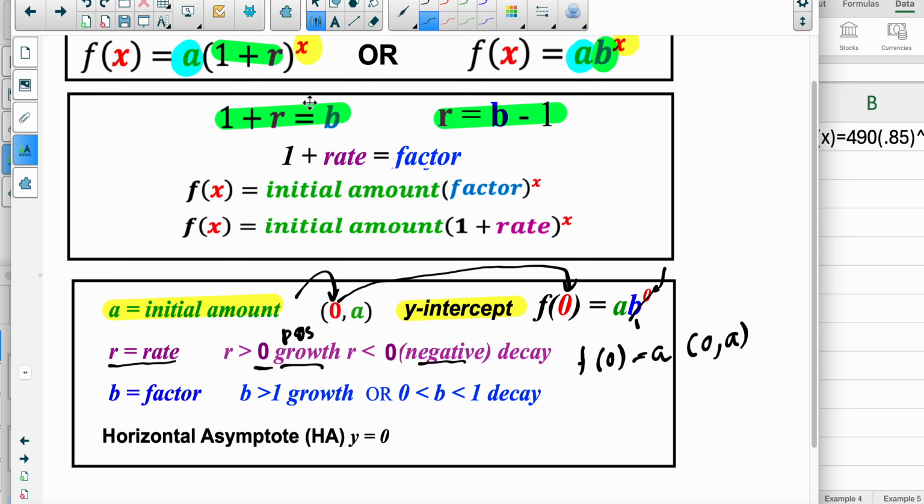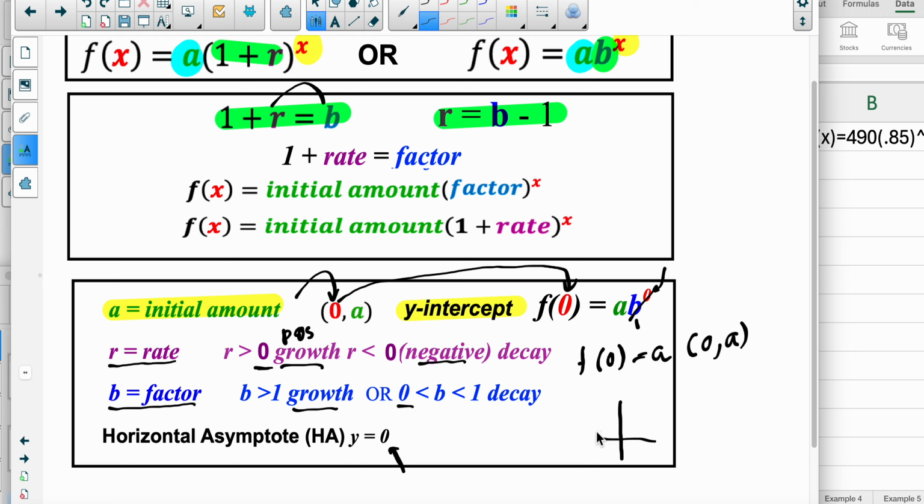Because of the relationship between rate and factor, I can then translate that to, if I'm given an equation looking at my factor, that if b is greater than 1, it's growth, or if b is between 0 and 1, we have decay.